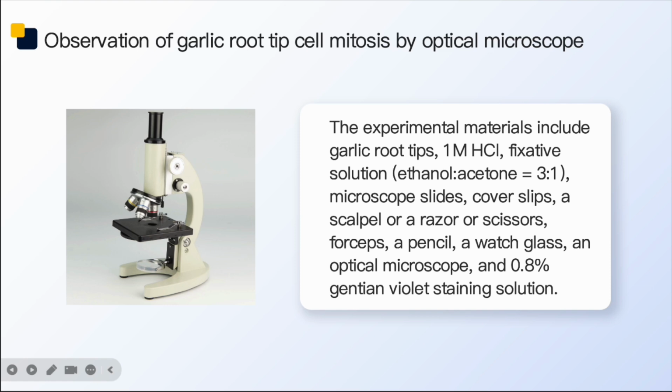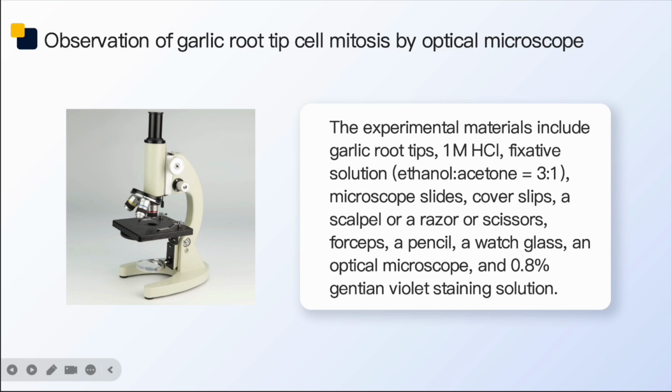Then add 2 to 3 drops of 0.8% gentian violet staining solution to cover the root tips and stain for 3 minutes. Then we rinse out the excess staining solution with clean water.